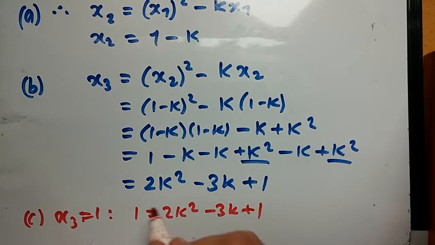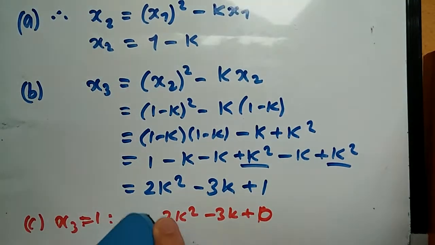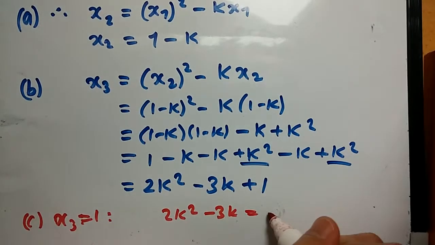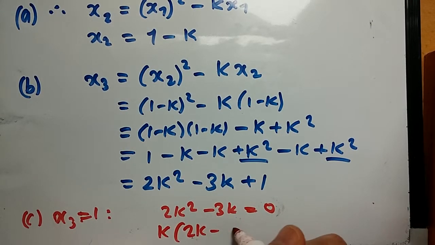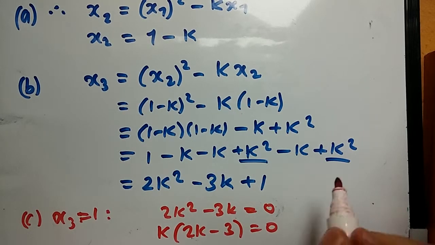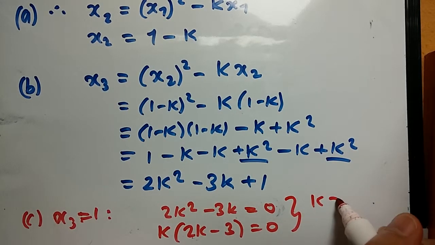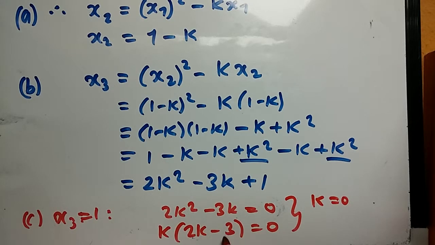So subtracting 1 on both sides, we're going to have 0 on one side. We're left with 2k squared minus 3k plus 1 equals 0. Now factorizing the correct term, we're going to have the two solutions here. First one would be k equals 0, and 2k minus 3 equals 0, so adding 3 and dividing by 2, this will give us k equals 3 over 2. And here is our solution.